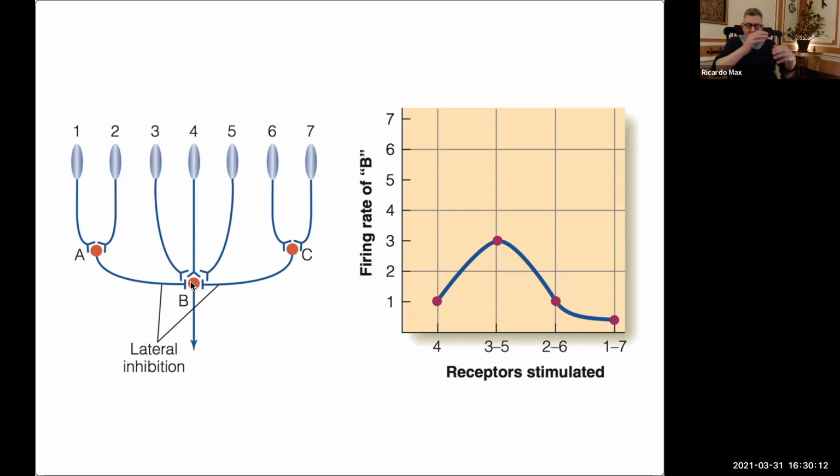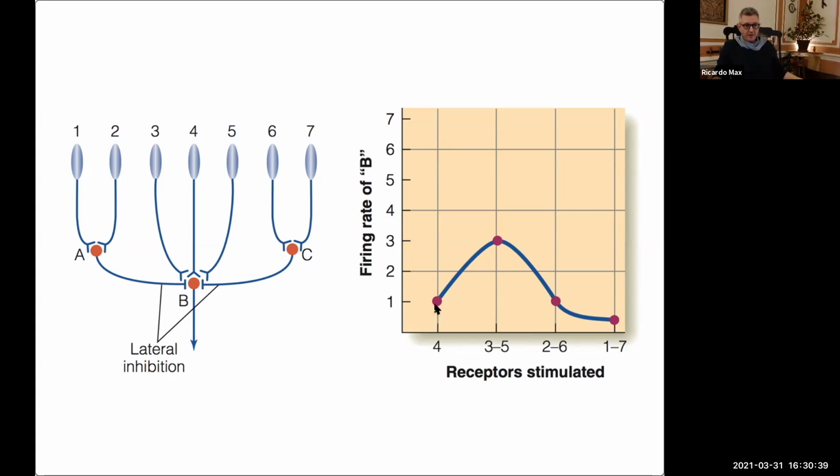It's a cell in the second or third tier of layers after the receptor. The maximum activation of this cell would be if light falls on one of these three receptors, most of all if it falls on all three.